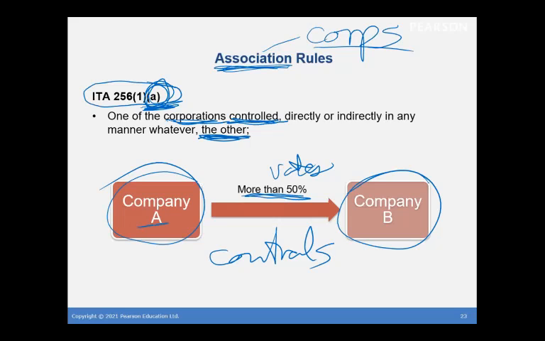So A and B are associated based on our first option, which is 256(1)(a). That one's pretty straightforward. If one company is controlling another, they're associated.